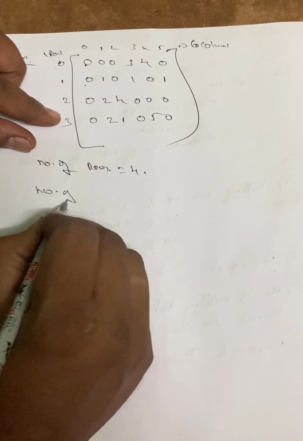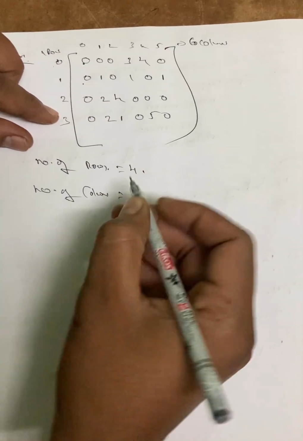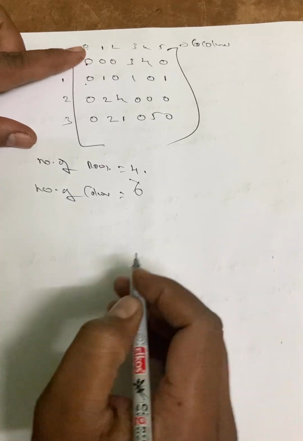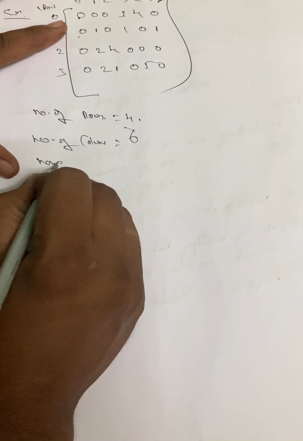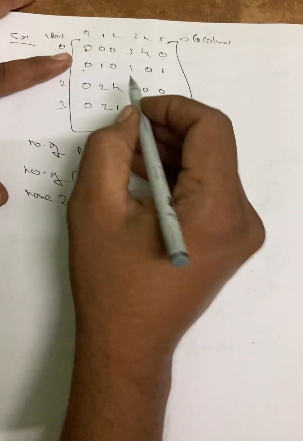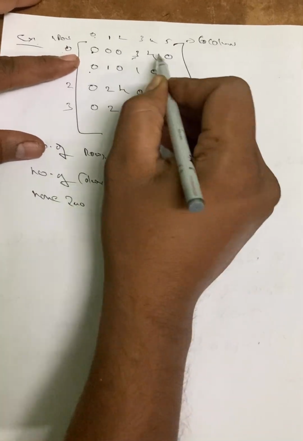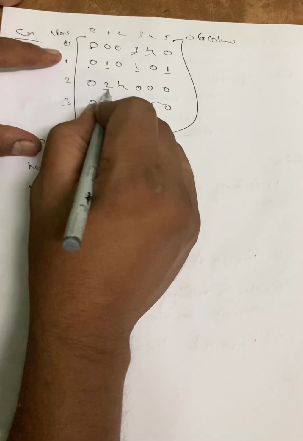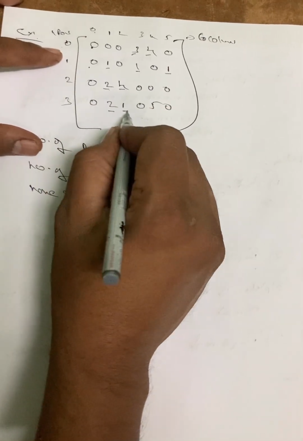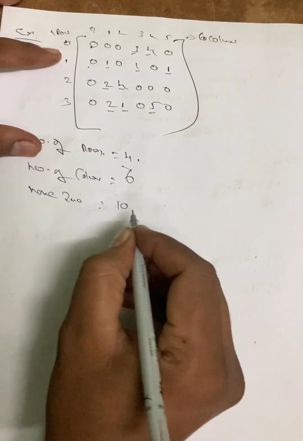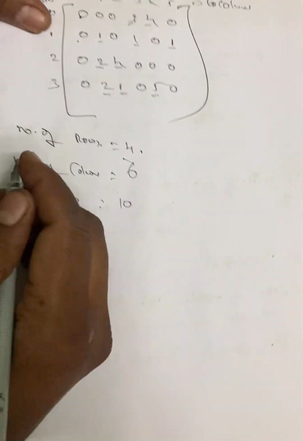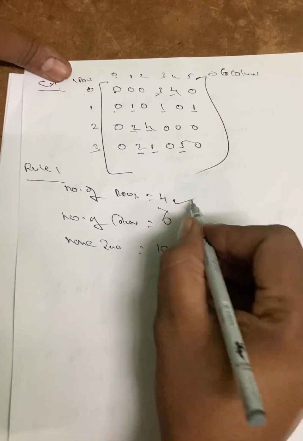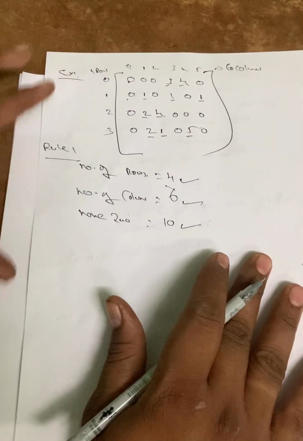And how many columns are there? 6. And how many non-zero elements are there? 1 2 3 4 5 6 7 8 9 10. Total non-zero elements are 10. So rule 1, finding out number of rows and columns and non-zero values, was completed.